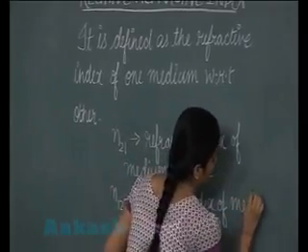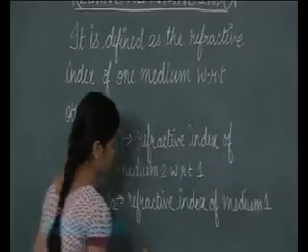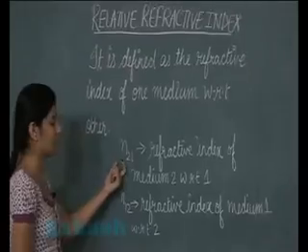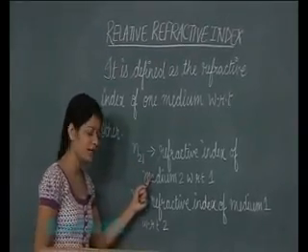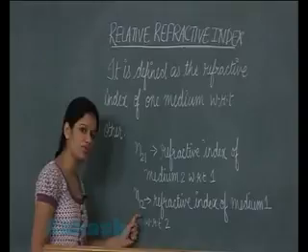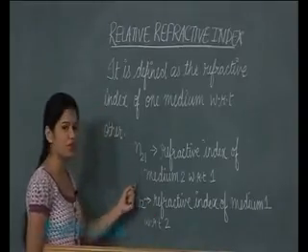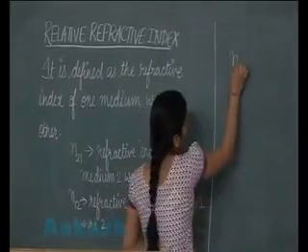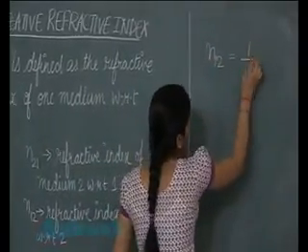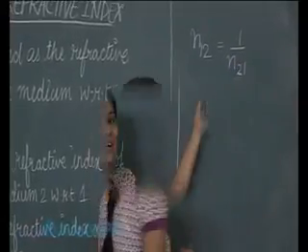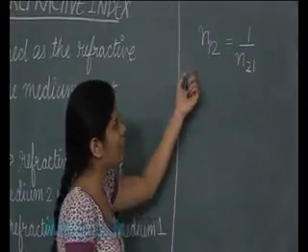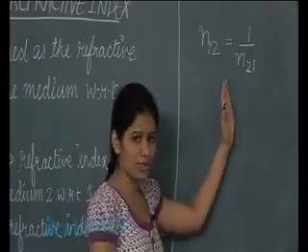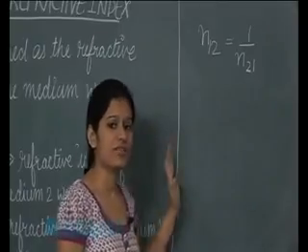The relation between these two is N12 is equal to the reciprocal of N21, or we can say that the refractive index of medium 1 with respect to medium 2 is the reciprocal of the refractive index of medium 2 with respect to medium 1. So this is the relative refractive index.